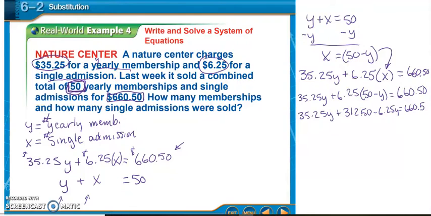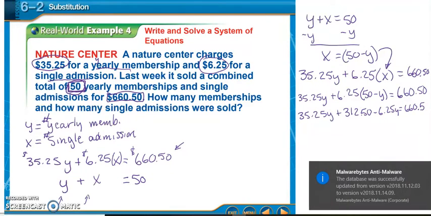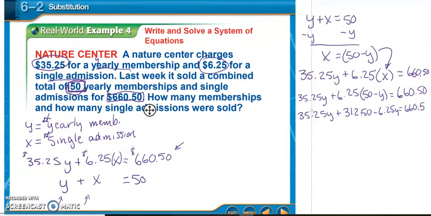Then the next step, even though it's weird numbers, you still combine your like terms. If I combine the 35.25Y with the 6.25Y, I end up with 29Y plus 312.5, and that equals 660.5.